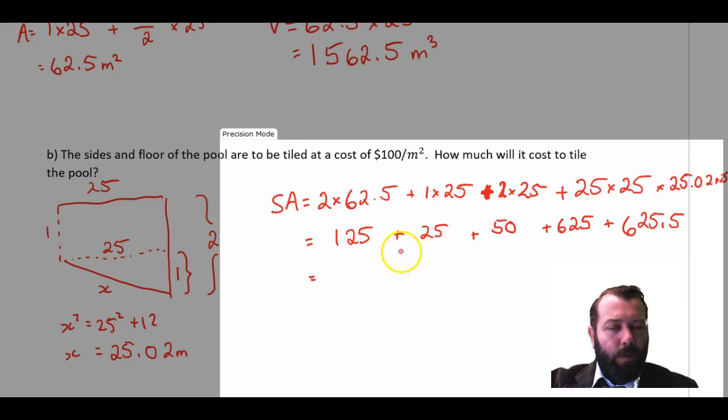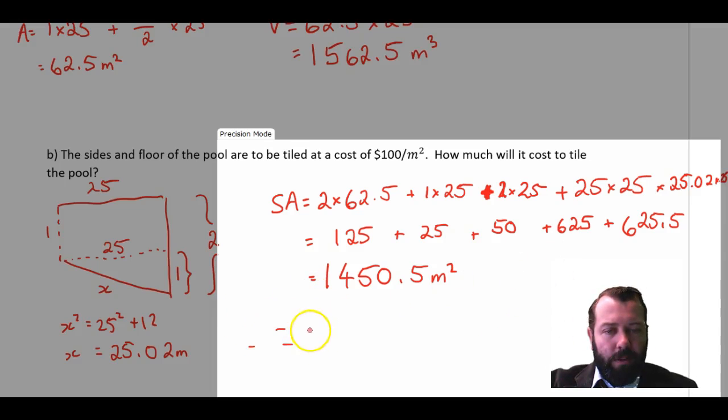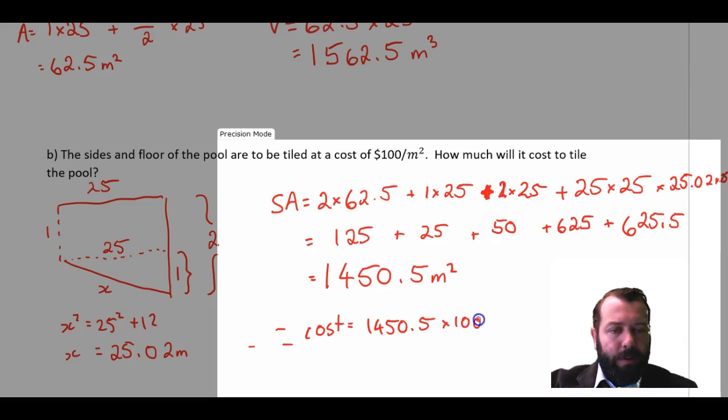Now, we can probably add these up. 125 and 25 is 150. 200. 825. 800. 1,450.5 square meters. Now, $100 per square meter. Therefore, my cost equals 1,450.5 times $100 equals, right, I can just move the decimal place 2 spots.